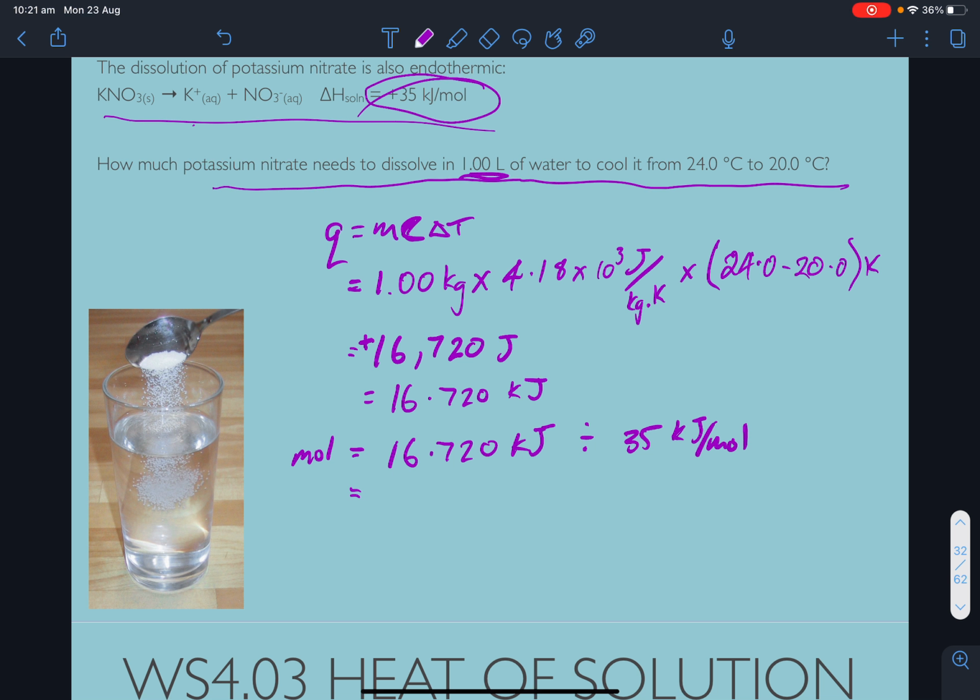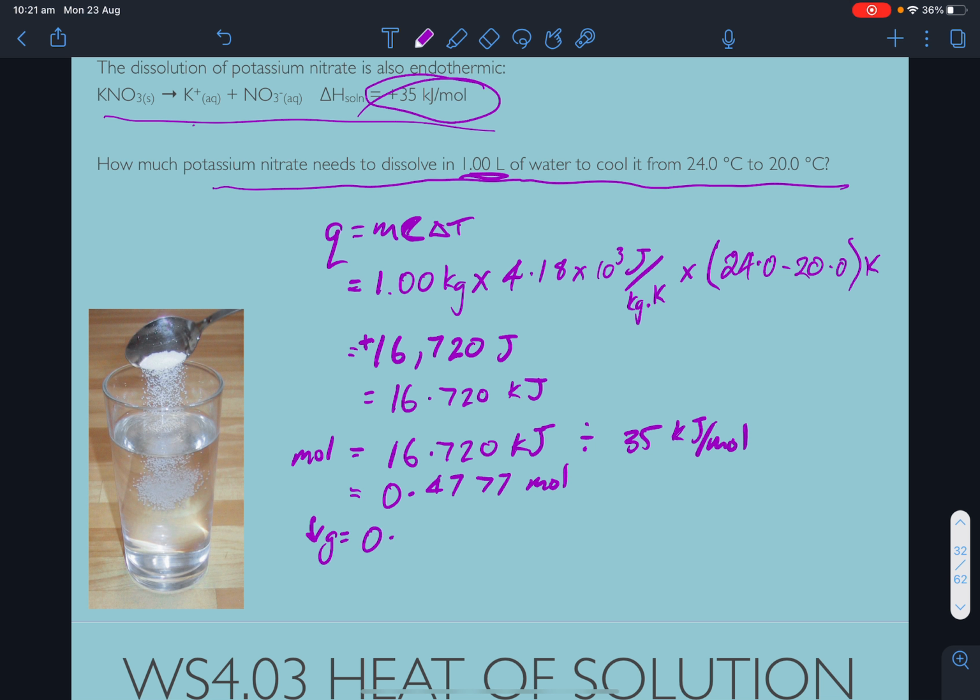Oh, you know what I've done? I put it in my calculator and got 477, because I didn't convert and had my answer in joules still. 16.720 divided by 35. Ah, that's better: 0.4777 moles. And it's asking how much potassium nitrate, so let's convert that over into mass.